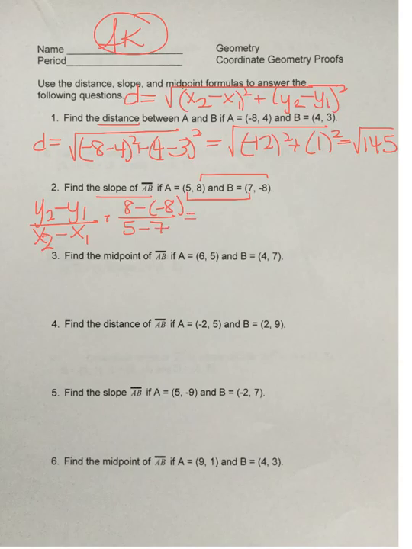If you wanted to start with the negative 8 and subtract 8 and then 7 minus 5, that's fine too. Just whichever value you start with in the coordinate, you have to use its coordinated x value as the first value in the denominator. So we have 8 plus 8 is 16 over a negative 2, and that gives us a negative 8. So the slope of these 2 points is a negative 8.